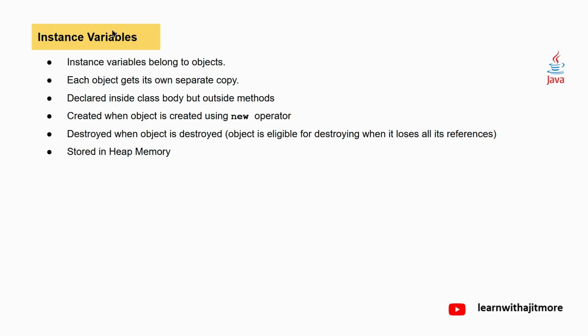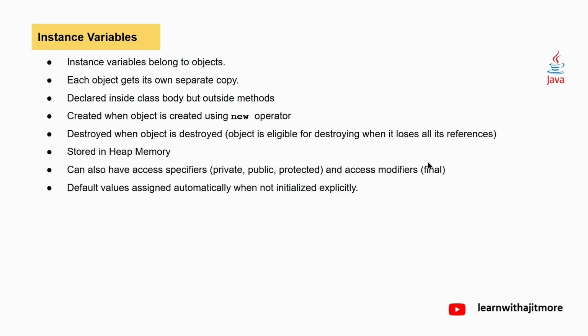Okay. And instance variables get space on the heap memory. They can have access specifiers like public, private, protected, and they can also have final. But if it is final, then it automatically converts to static. Means if you give final, then Java is so smart that it will automatically convert it to static.